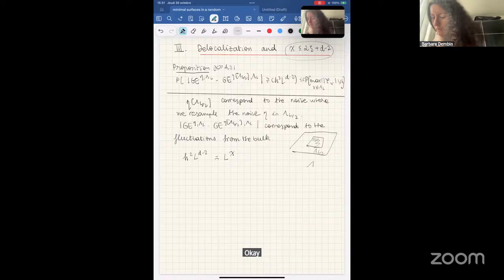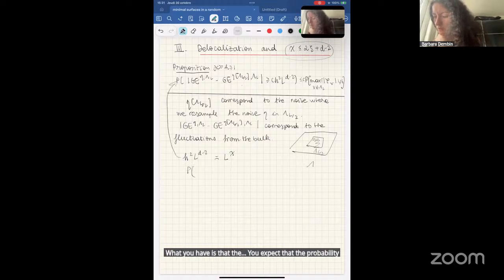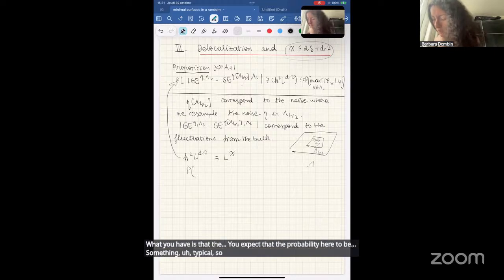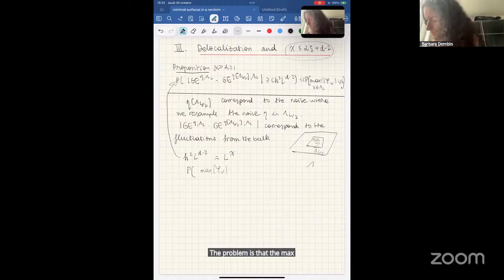If this is of order L to the chi, you expect that the probability here is typical, so at least constant. So you expect that the probability that the max is larger than some constant.